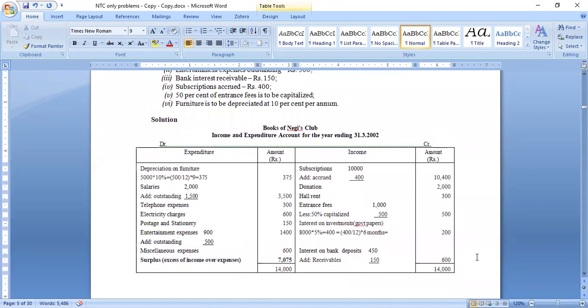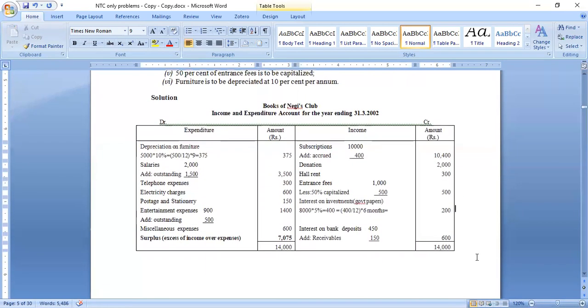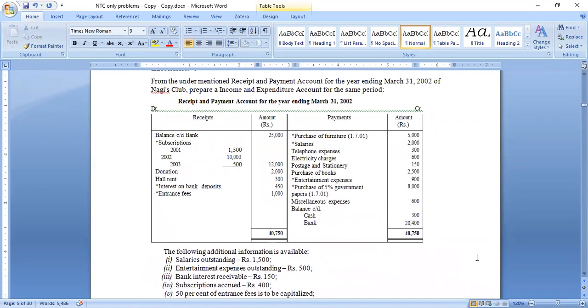So this is how we have to prepare the income and expenditure account from the receipts and payments account.